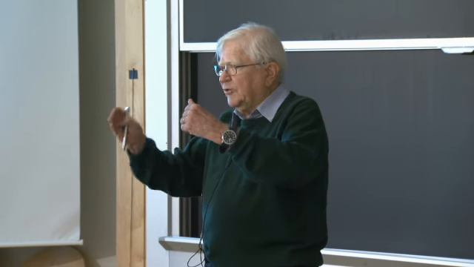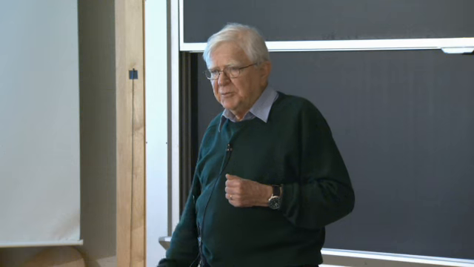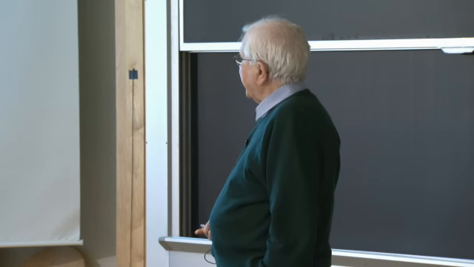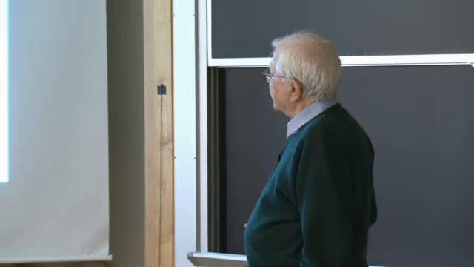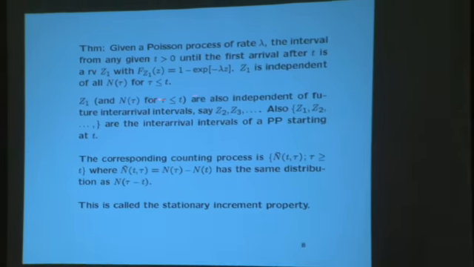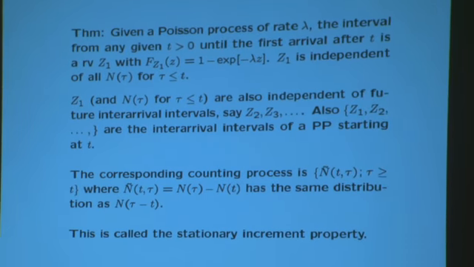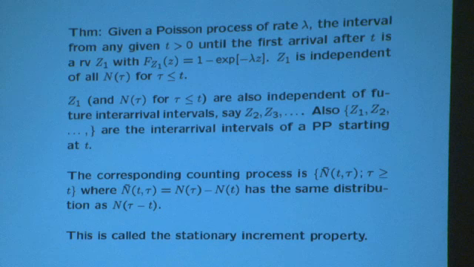The time until each arrival after that is exponential also, which says that if you look at this process starting at time t, it's a Poisson process again, where all the times have to be shifted, of course, but it's a Poisson process starting at time t.